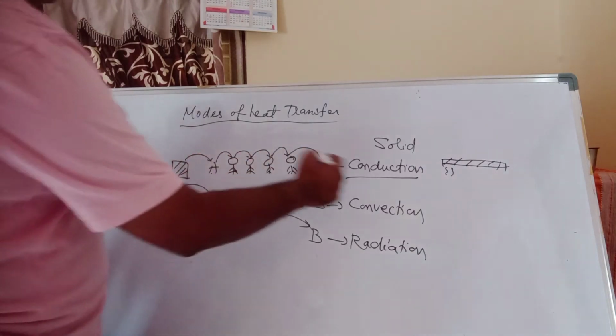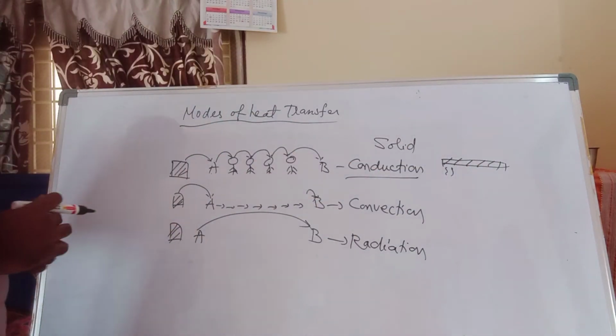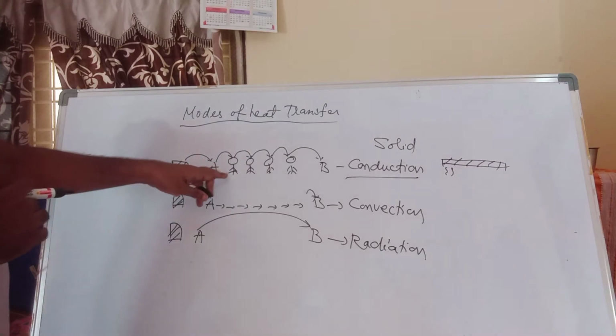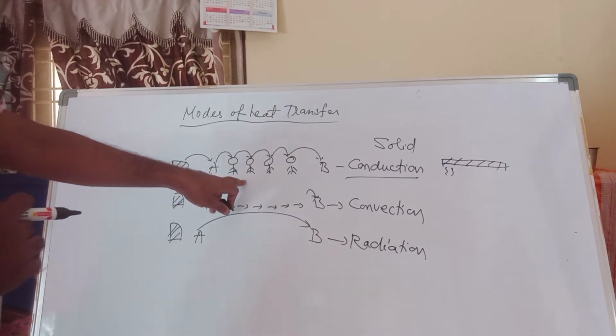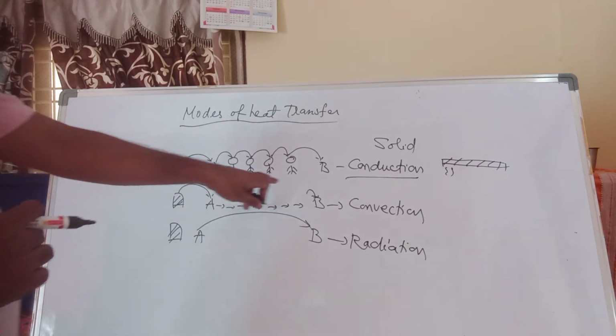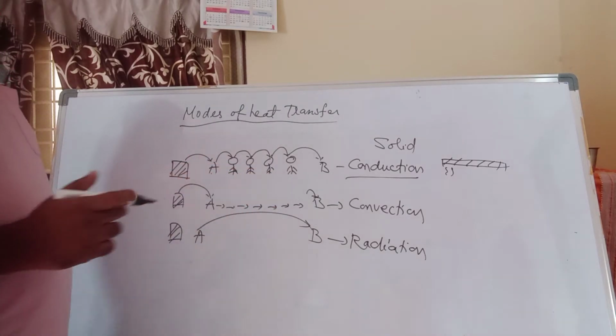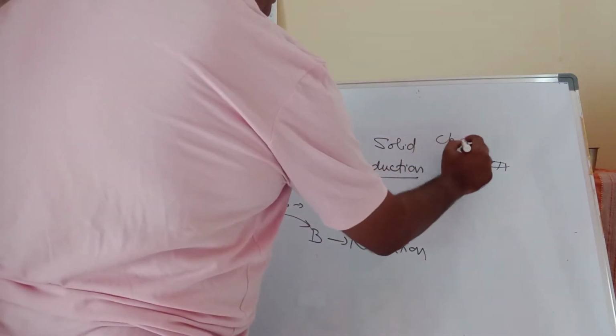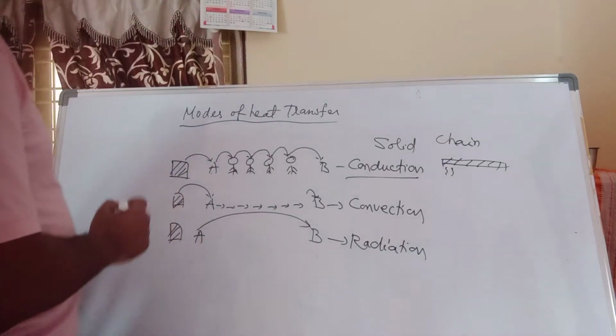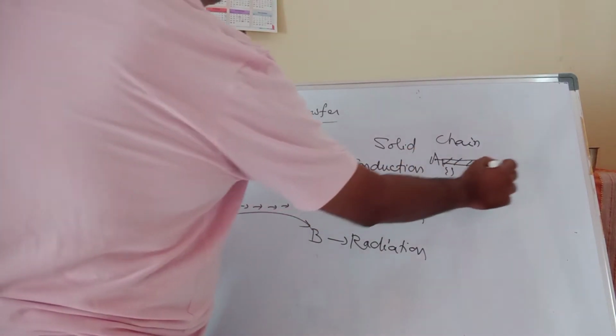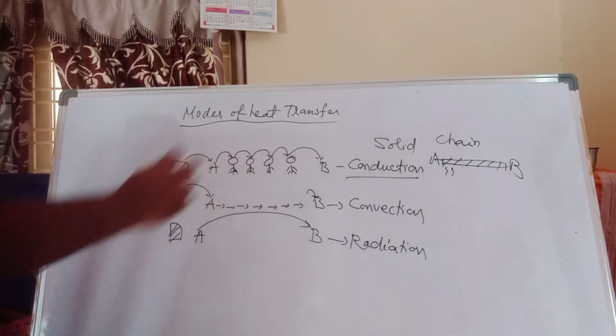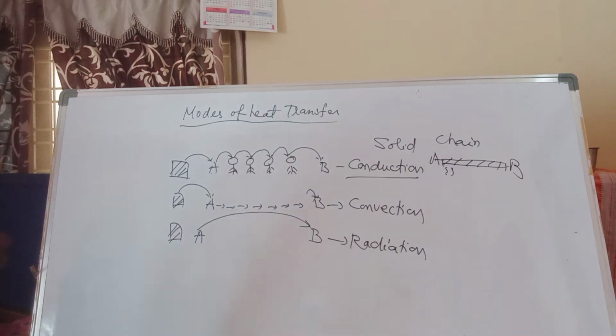These are all particles of this solid rod. They transfer the kinetic energy to the nearby molecule, and so on and so forth. There is a formation of a chain, and the heat is transferred from this end to the other end. Okay.